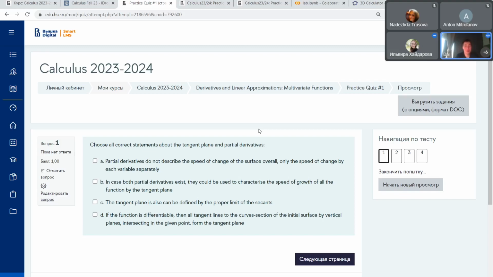I think that the correct answer is true. Like we don't describe. Formally, if a function is differentiable, in this case we can say that partial derivatives describe the speed of change of the surface overall.